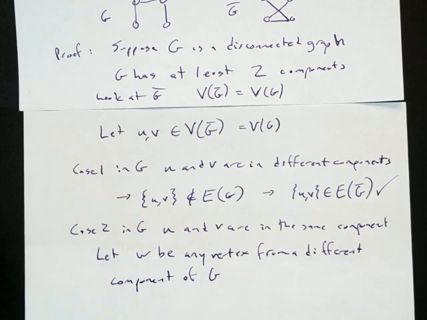And this time we do it twice. If U and W are in different components, then that edge is not in the edge set of G. V and W are in different components.